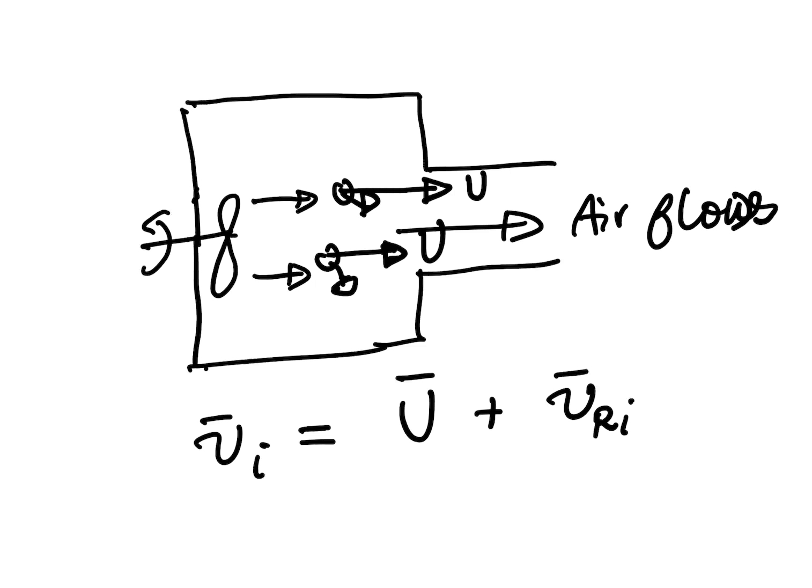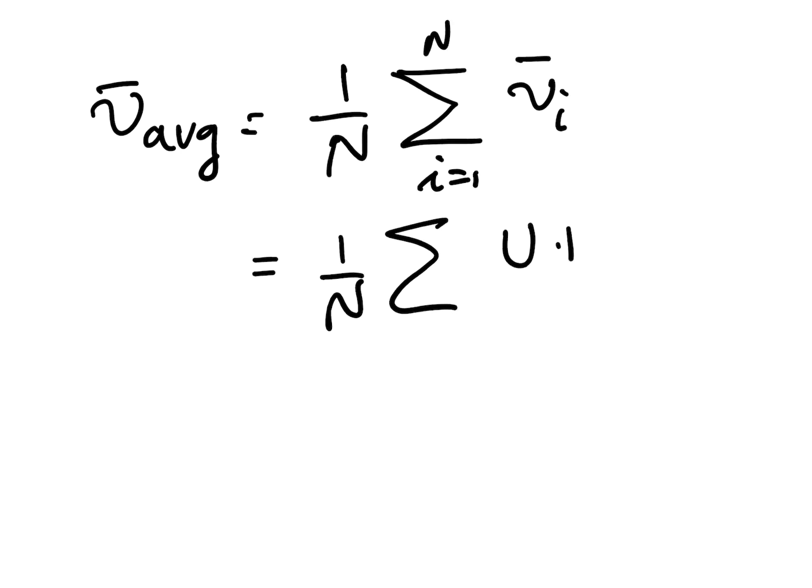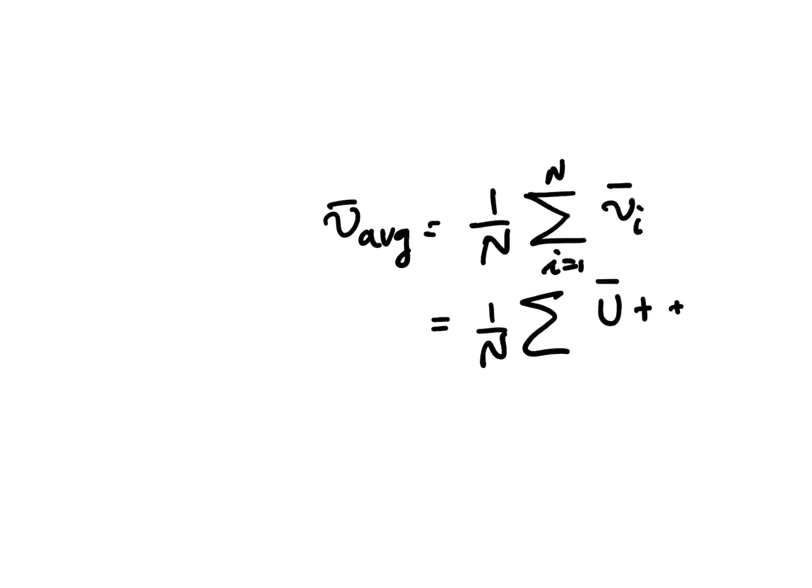Now, going back to the concept of average velocity, the average velocity is the arithmetic average of all the velocities of the individual molecules. I can write this as u bar plus V random i.